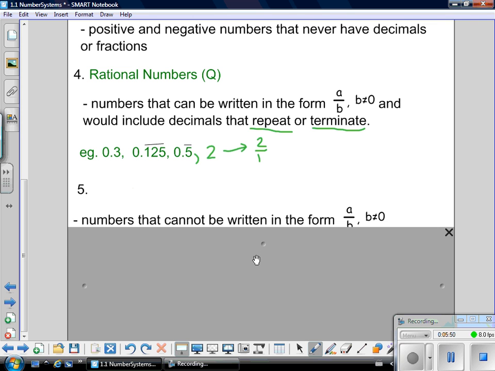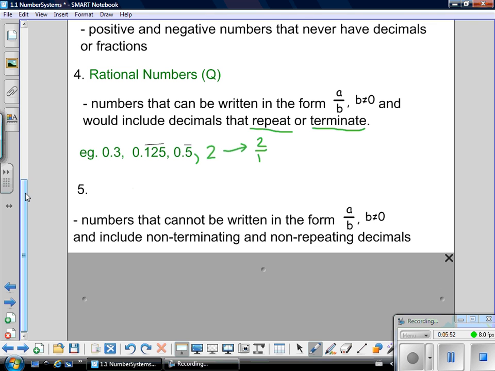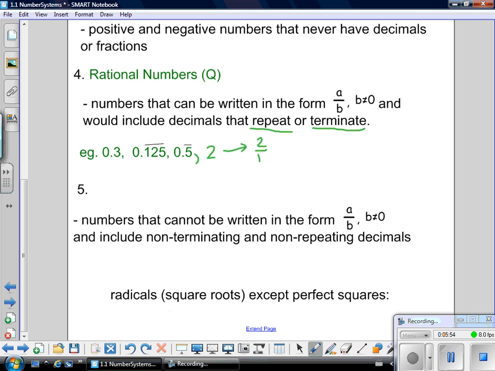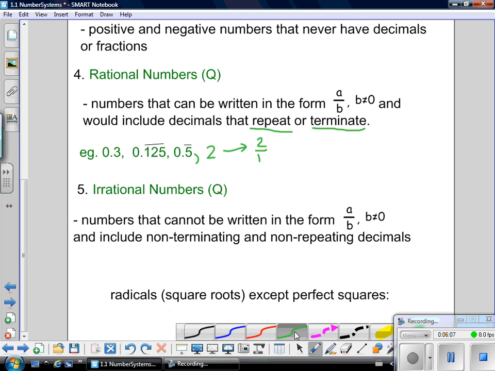Now the fifth number system is a little bit different again. And we call these not rational, but irrational numbers. And the letter that they use for irrational is Q, but what they do is they put a line above the Q. Okay, so it's like a repeating sign symbol, but that's not what it really stands for.